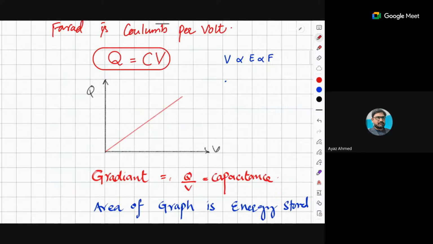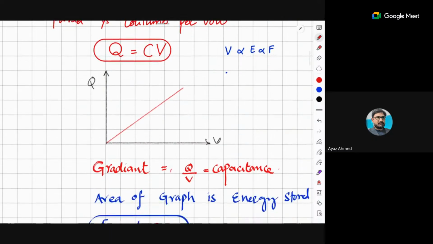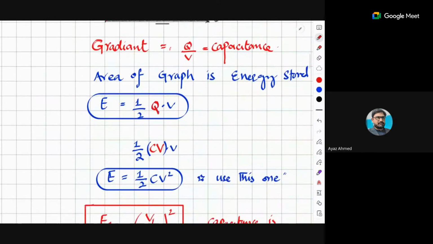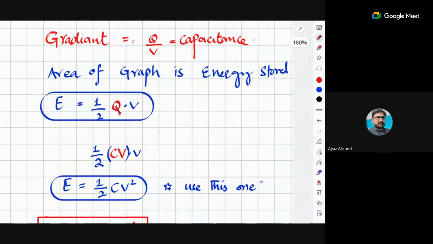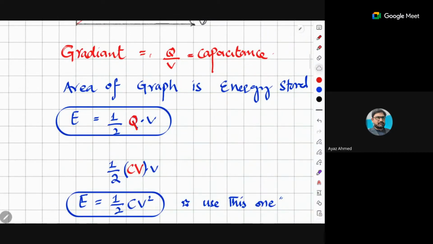Okay, now if I look at the variation between Q and V, this will be the graph. That graph tells you that Q and V are directly proportional to each other, and because there is no intercept, it passes through the origin. Now from this point onward, I will be talking about the major concept of graphical analysis.